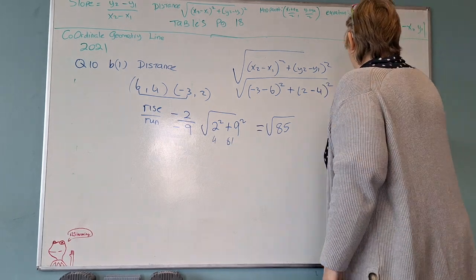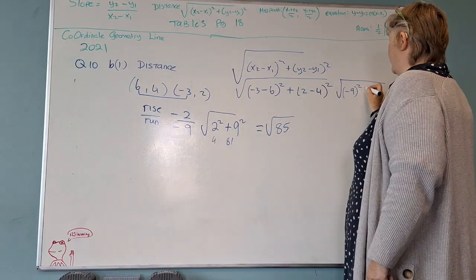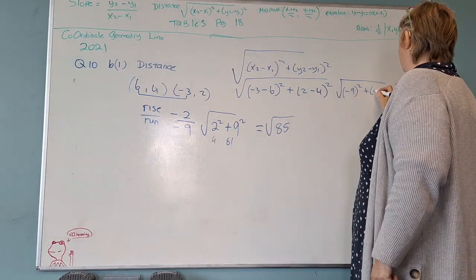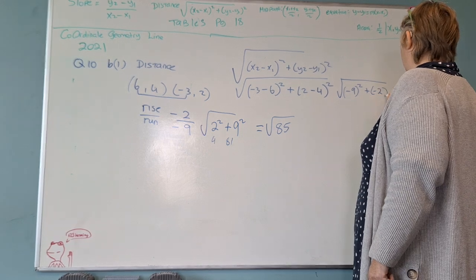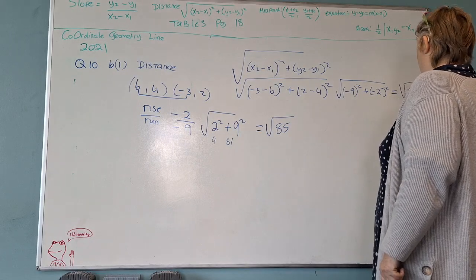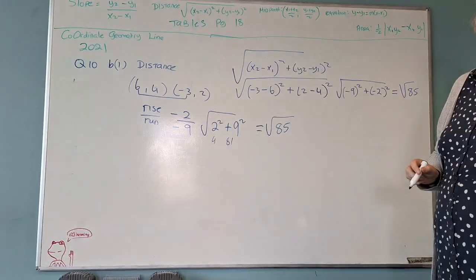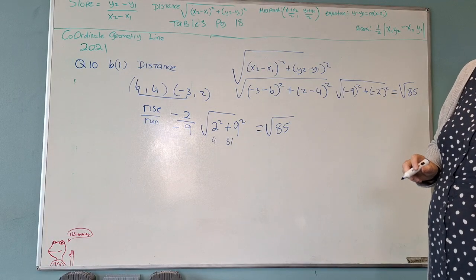So it's the square root of minus 9 squared plus minus 2 squared, which is the square root of 85. Okay, same no matter what you do. And that's how to get the distance.